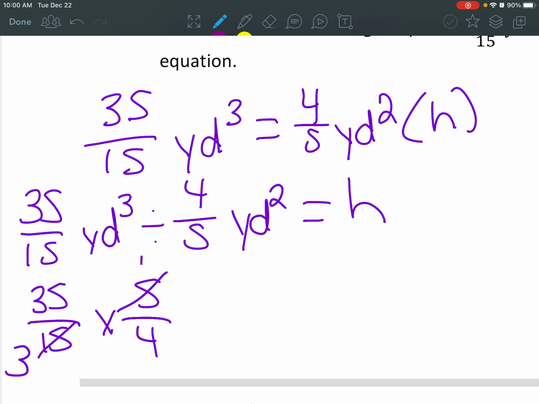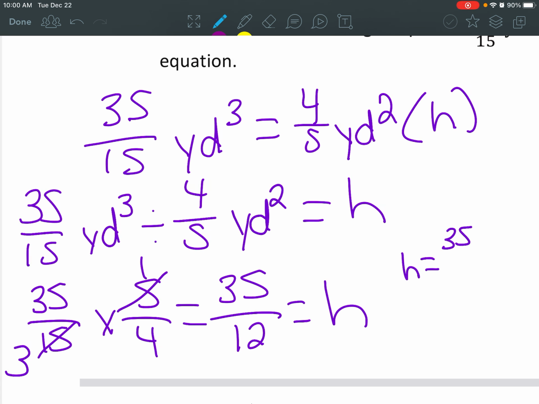Cross cancel. 5 becomes 1, 15 becomes 3. 35 times 1 is 35. 3 times 4 is 12. So our height equals 35/12 yards.